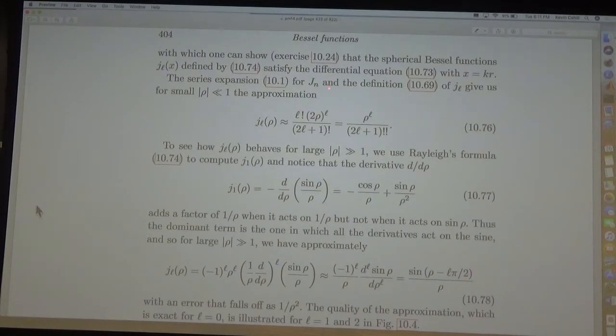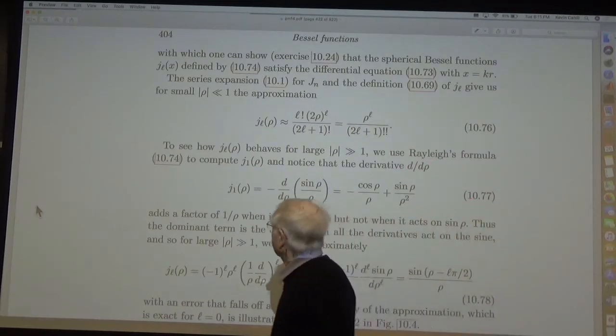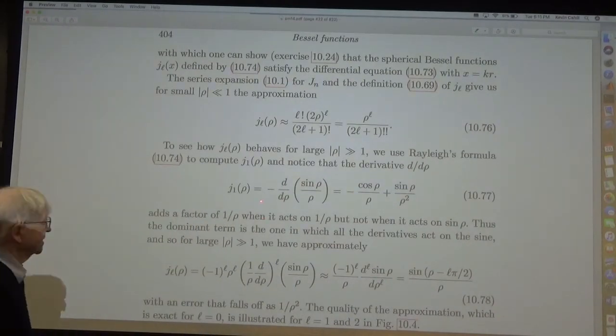So if you look at the series expression for J n, which we looked at in the beginning of the class, you can see for small rho, the spherical Bessel function goes as rho to the L. And for large rho, you can use Rayleigh's formula to compute it.